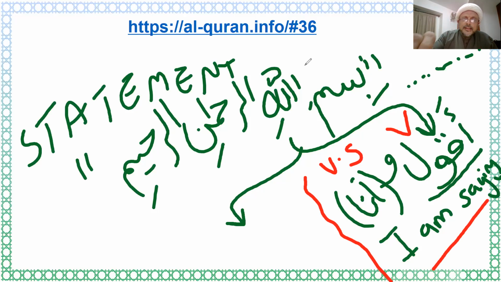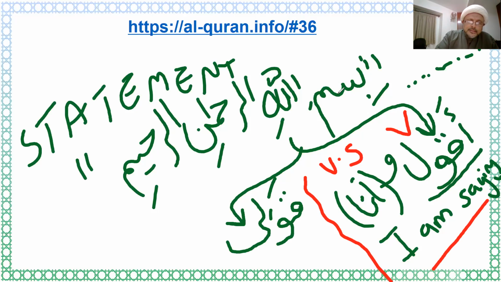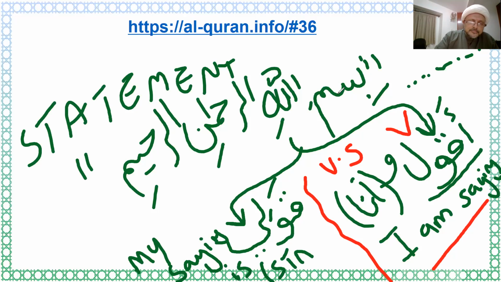Let's check the nominal sentence option. The nominal sentence is also easy. Qawli, my statement is, or my saying is, Bismillahir Rahmanir Rahim.